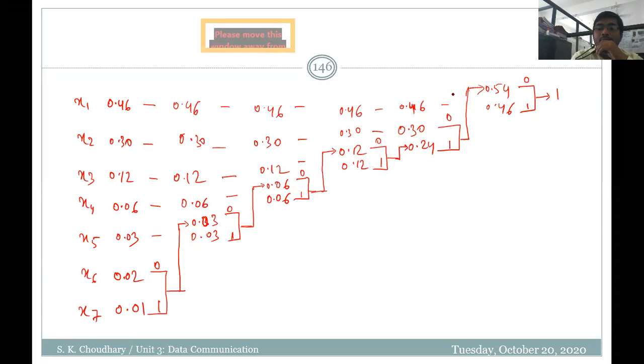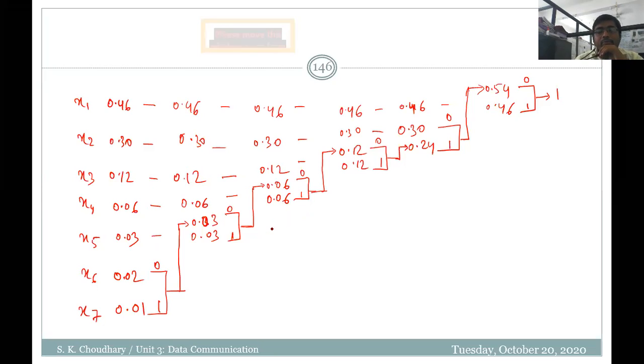And another thing we have used: if the summation of the probabilities of the two messages is the same as the next probability value, then again we keep the output of the summation higher than the next value. Like in all the cases you can see we have done the same. So this is a more efficient method actually. That's why we have used this.